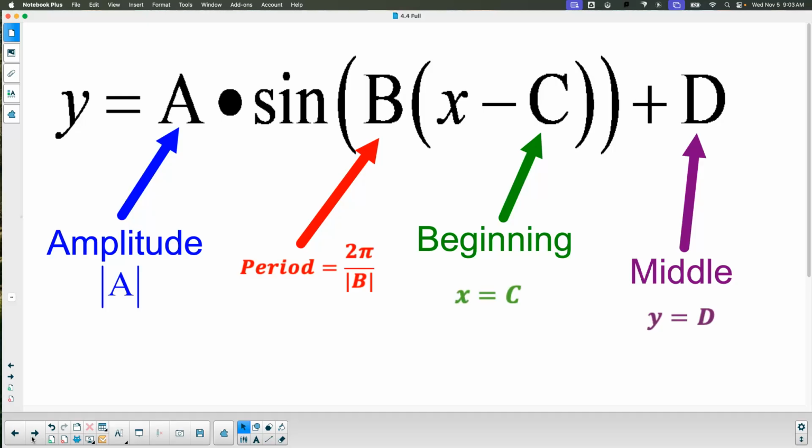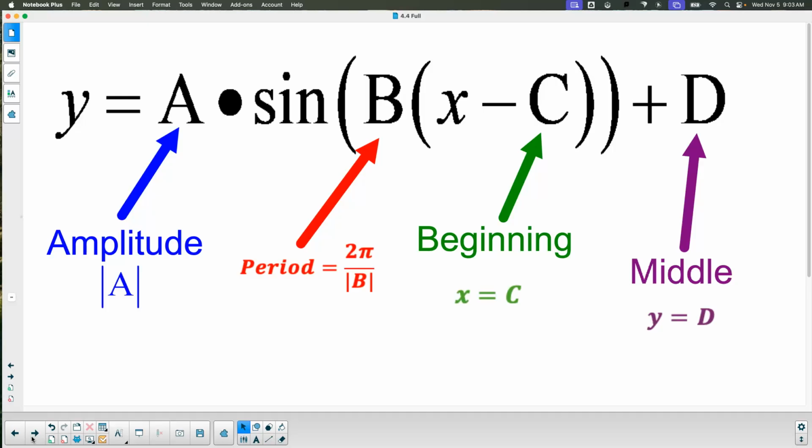Flips it. If A is negative, it flips both sine and cosine. Okay? So if A is negative, it flips the graph over. So it controls the height, or the vertical stretch, and the flippedness.